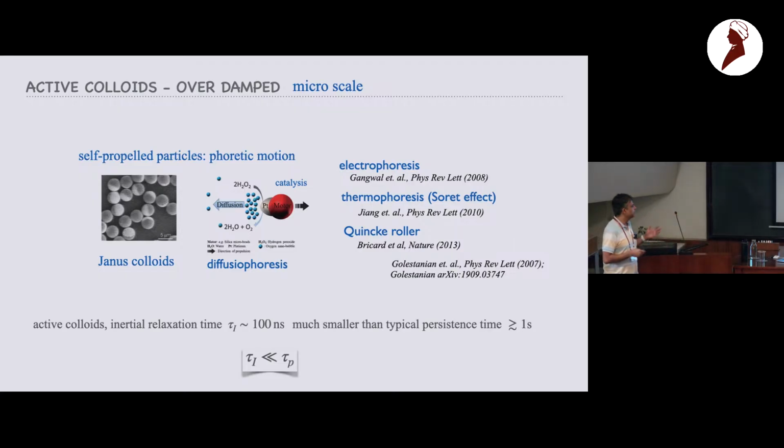This is a chemical example in which one part has a little bit of platinum, and if I put it inside hydrogen peroxide, that platinum will decompose it and generate water and oxygen bubbles. If oxygen bubbles come out from this side, it will kick the particle in a specific direction.